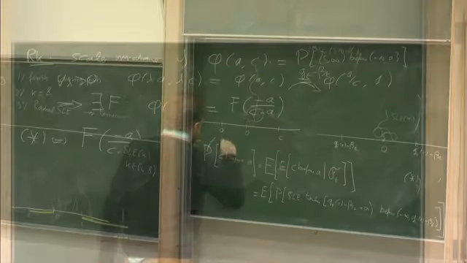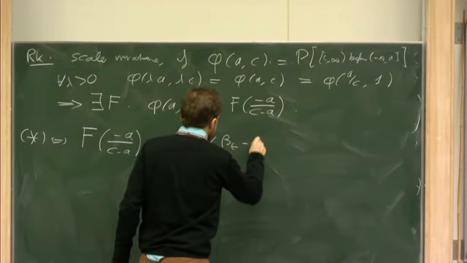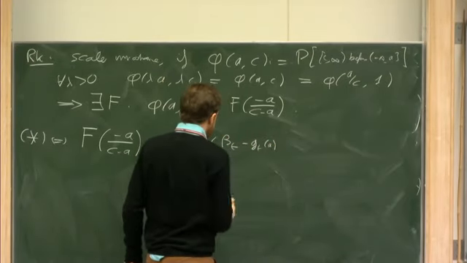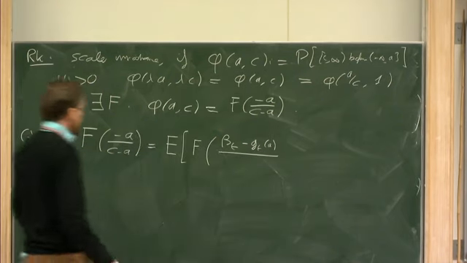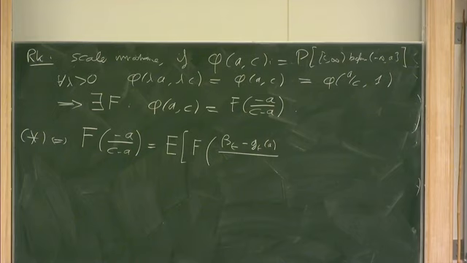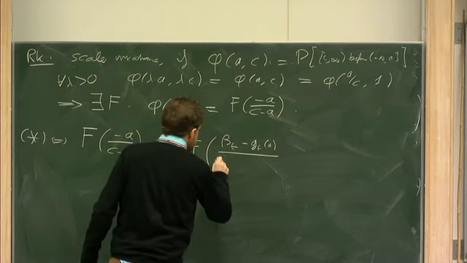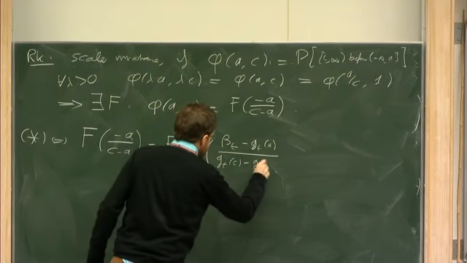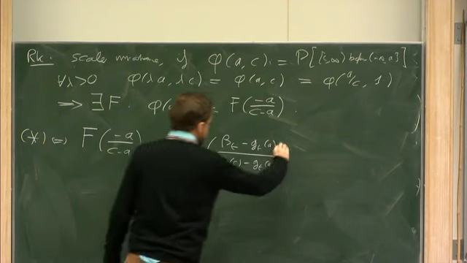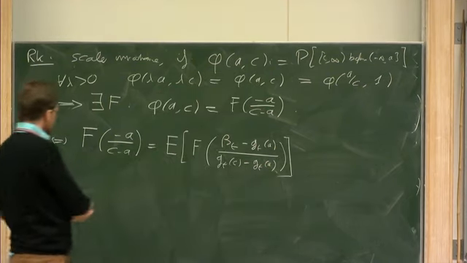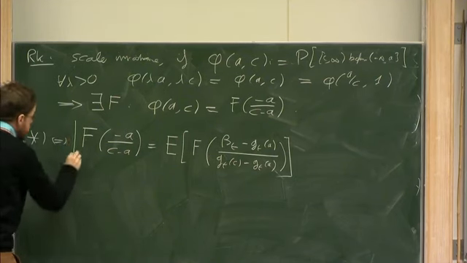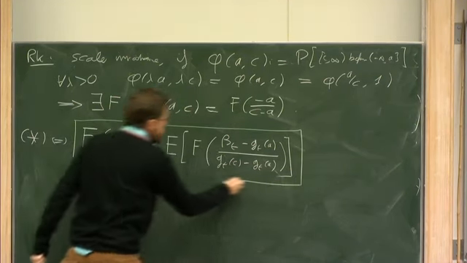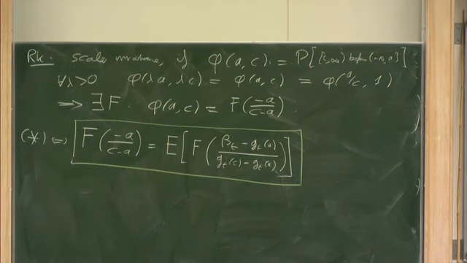So what you get is beta t minus dt of a divided by the new c minus the new a, and the new c is this. So you see that the beta simplifies between the two sides, and you get gt of c minus gt of a. So that's what we get from the domain Markov property.